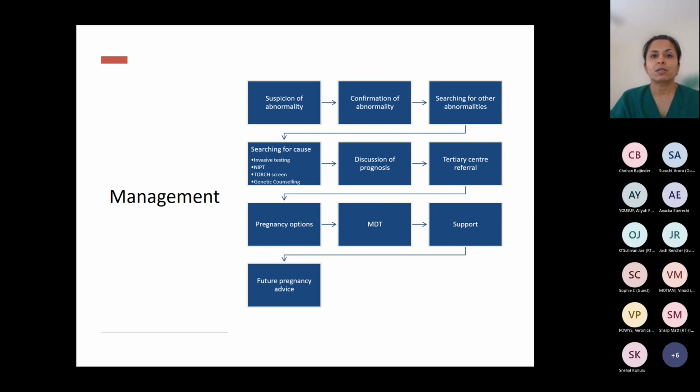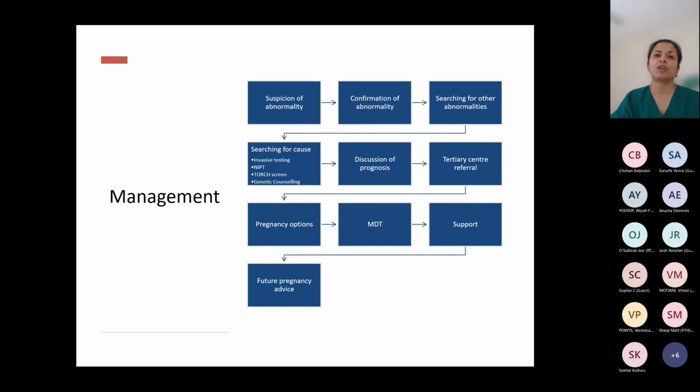So management, let's just go through this and see what we haven't covered. So we have a suspicion of abnormality because we have a 12-week scan, we have a 20-week scan, which is done by sonographers, and they have certain parameters that they need to look at, very strict national guidelines, for which they are quality assured on a regular basis, and they do all these set views that they're supposed to capture and keep images of.